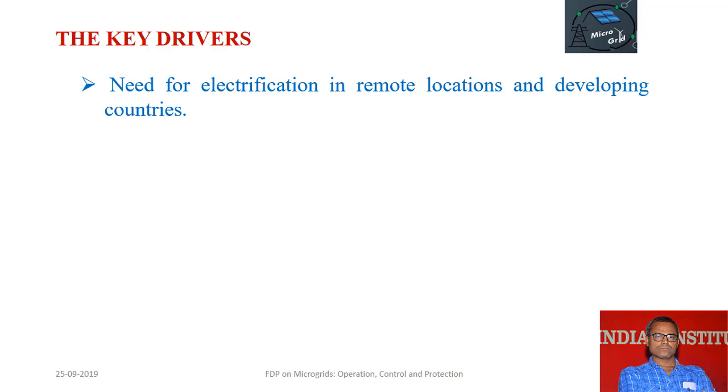The need for electrification in remote locations and developing countries, especially India, where there are many remote locations where no electricity has reached, only the poles are standing, right? So in that case, we can create microgrids.